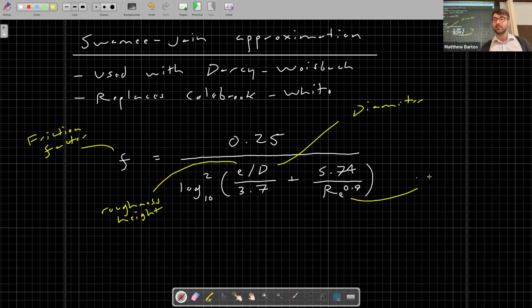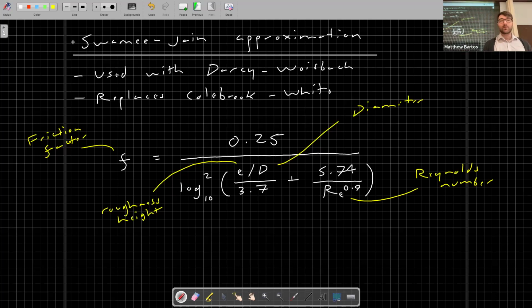And this term here is the Reynolds number. So it's similar to Colebrook-White, except it gives us an explicit expression for the friction factor f. So it will make solving problems that you've been using Colebrook-White to previously solve much easier.